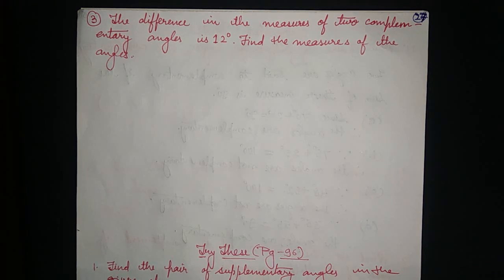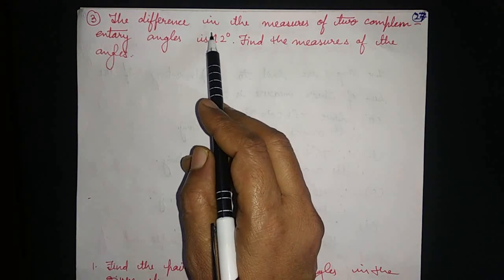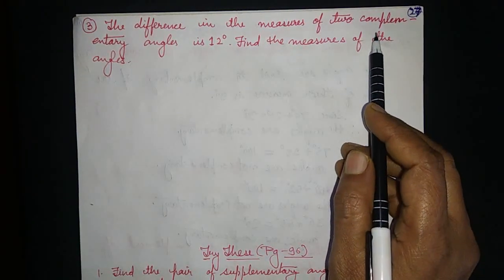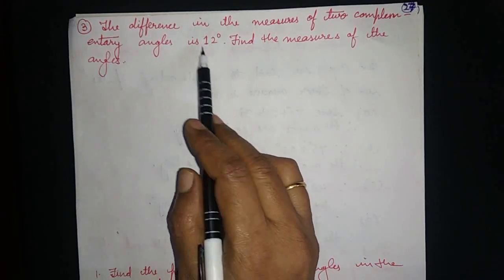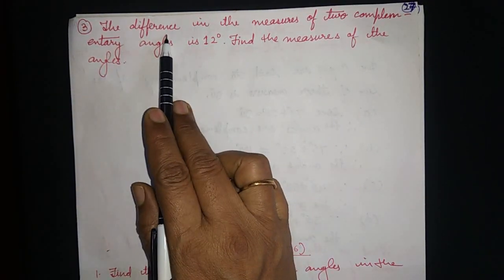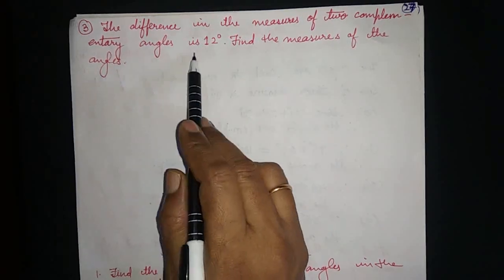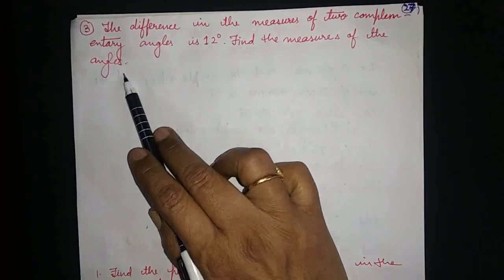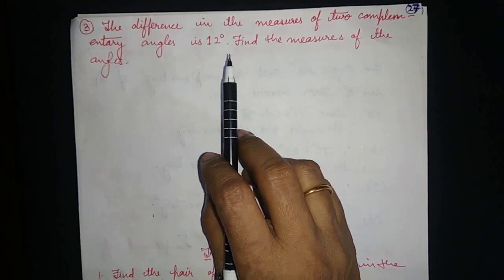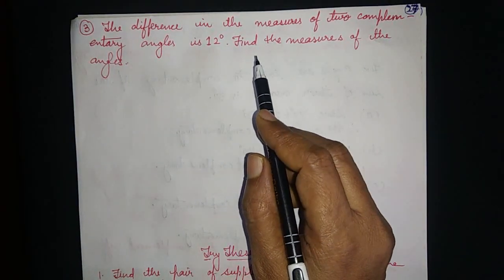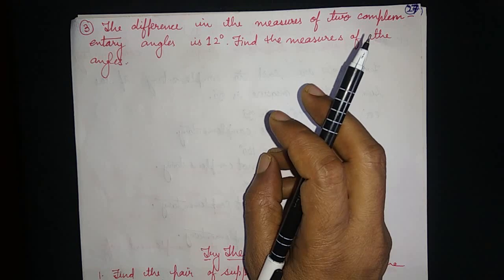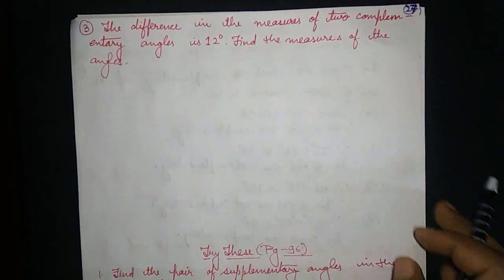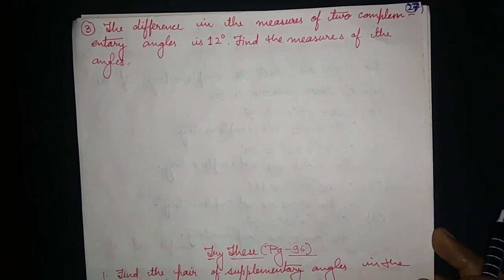Now look at question number 3. The difference in the measures of two complementary angles is 12 degree. Find the measures of the angles. First we will assume the measure of one angle.